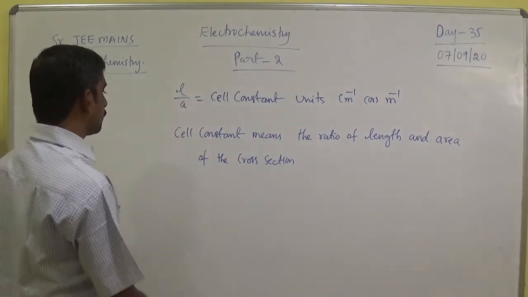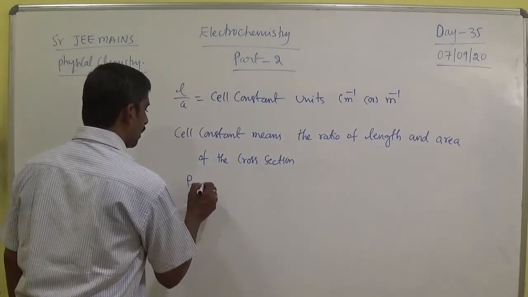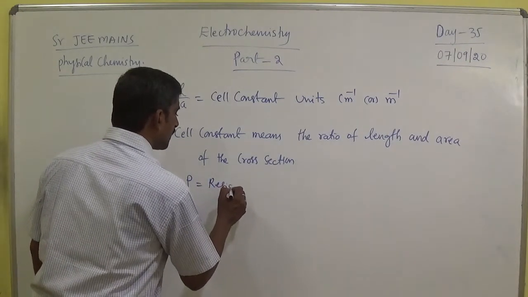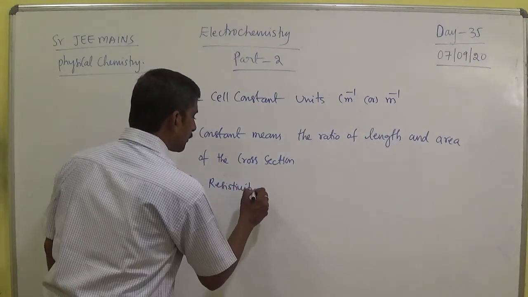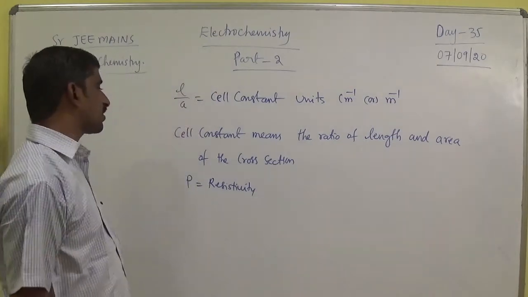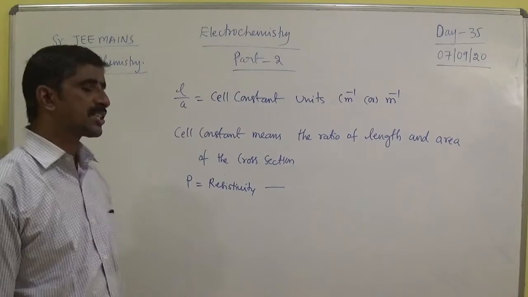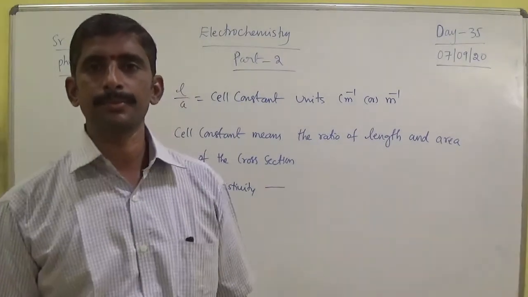And another one is rho. Rho means resistivity. Rho means resistivity or specific resistance.